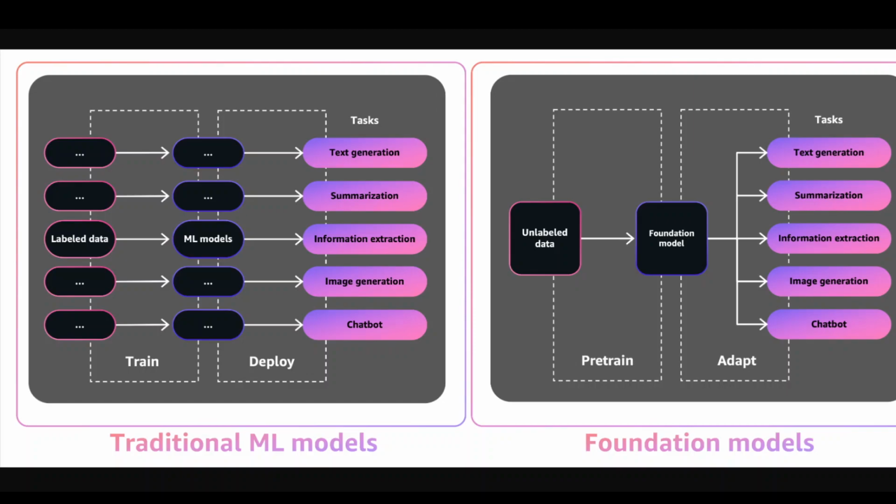With foundation models, instead of gathering labeled data for each model and training multiple models, you can use the same pre-trained FM to adapt to various tasks. You can also customize foundation models to perform domain-specific functions that are differentiating to your businesses using only a small fraction of the data and compute required to train a model from scratch.